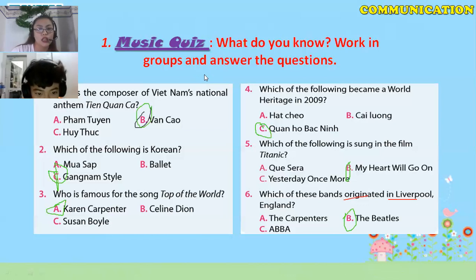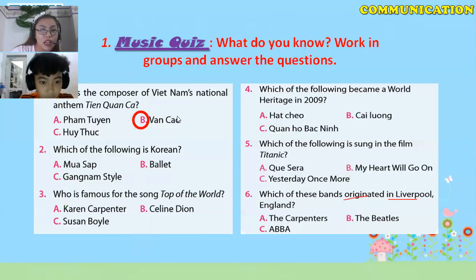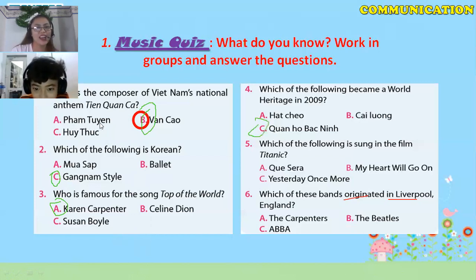So number 1. Oh, number 1. Okay, very good. What about, who is this? Tuyen. Are you familiar with this one? I don't know. Okay. Oh, I think I made some research with him.